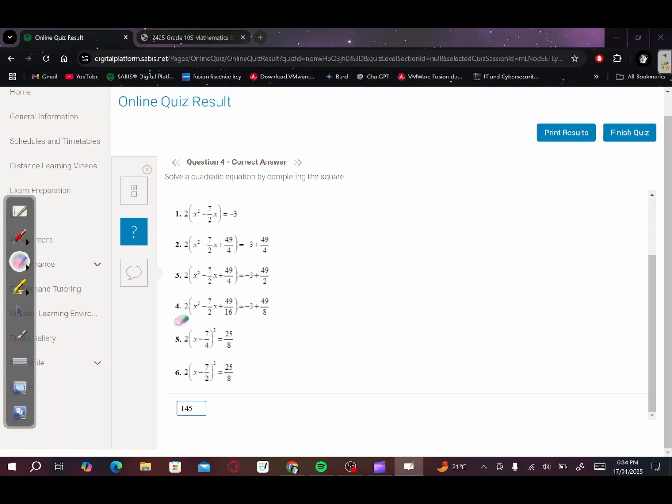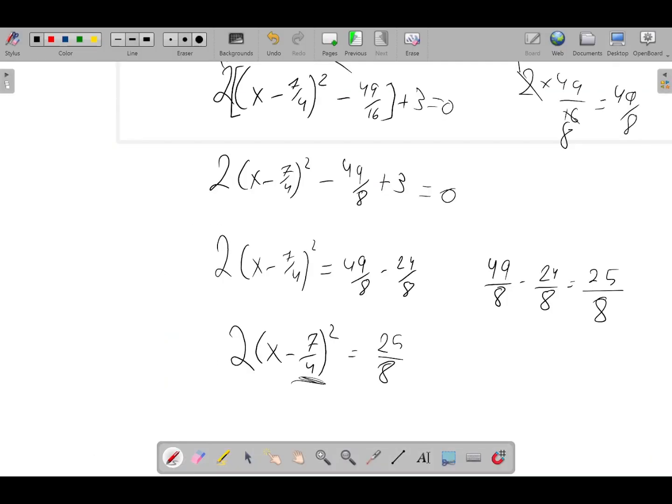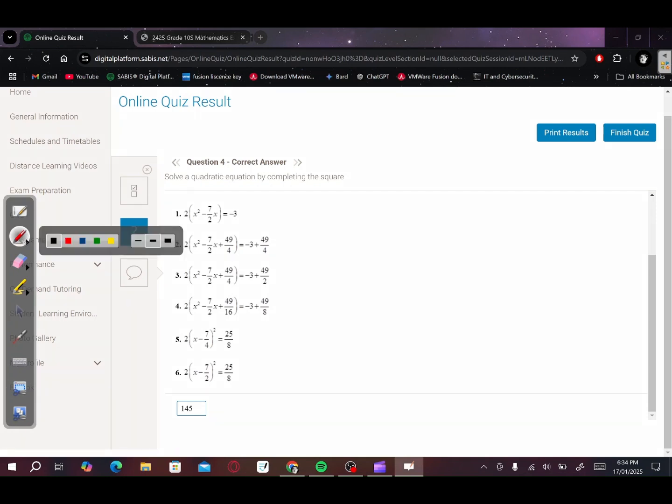However, one's 7 over 2 and one's 7 over 4. We want the 7 over 4 because if you go up, we got 7 over 4. So we're going to take 5. We also are going to take 3 because they just moved negative 3 to the other side. We're also going to take 4. This is the only one that matches. The rest don't really match.